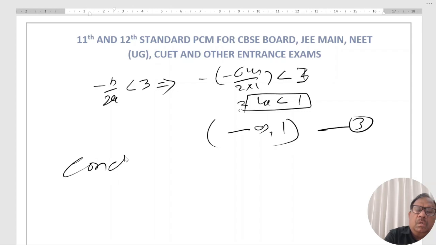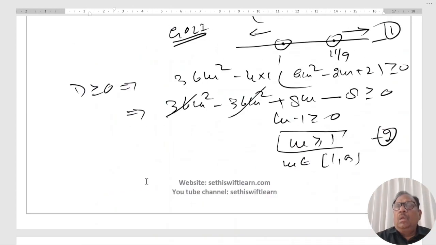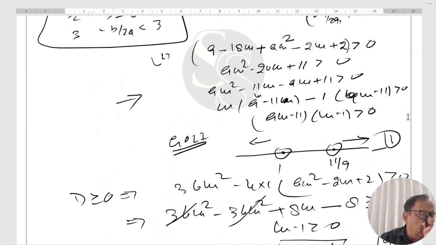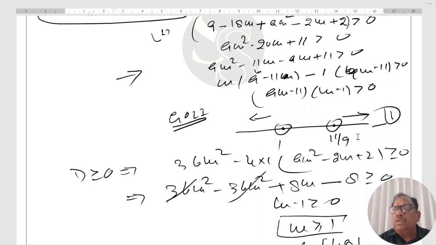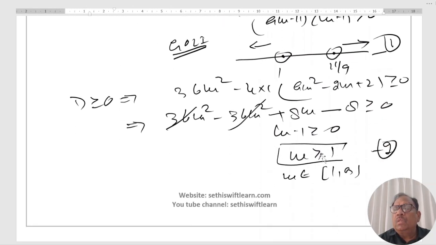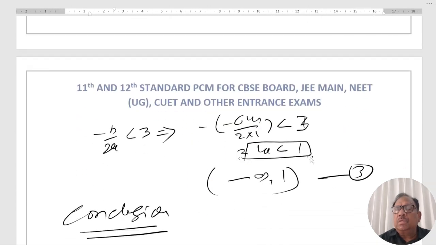Conclusion. Conclusion में हम आंसर निकालेंगे. This says this side. This said 1 to infinity, greater than infinity. This says m should be minus b upon 2a should be greater than 3.